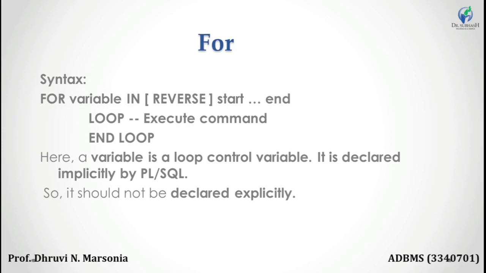See this, the syntax is totally different compared to C. In C we use for I equals to 0, I less than or equal to 10, I plus plus. In PLSQL, these are totally different syntax.